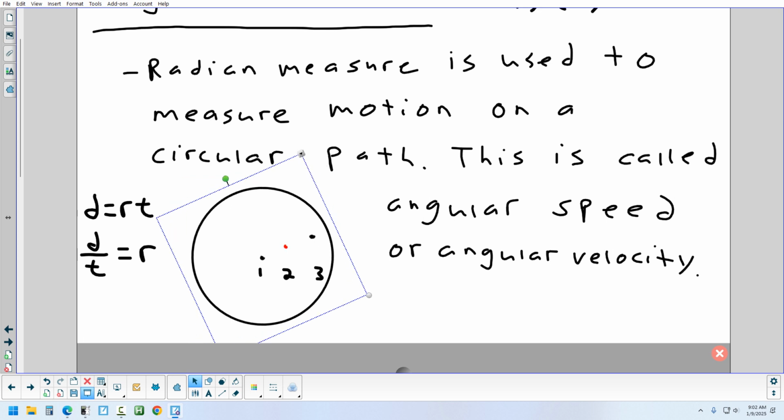Right? So dot 3 traveled the farthest, dot 2 the 2nd farthest, and then dot 1, if it was perfectly in the center, it almost looks like it didn't move at all. Right? But that's the problem. Dot 1 was still moving. It was just spinning in place. So you can't say that the speed of dot 1 is 0, because if you want to measure it, it is actually spinning. So we need a way to describe how it's moving in place. Okay? And that's what this is going to do.